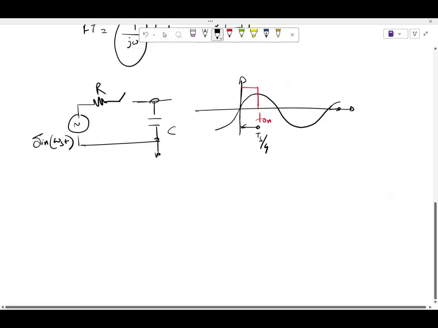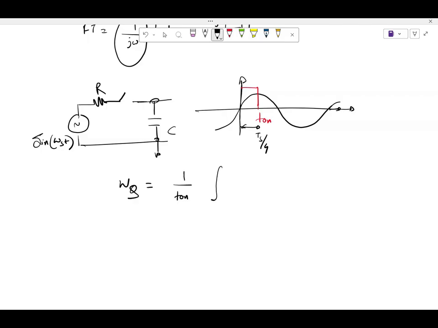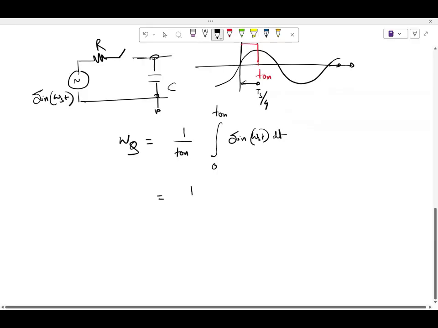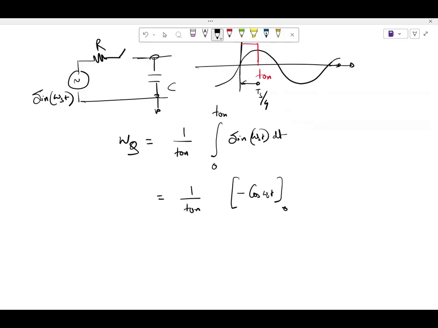If the input is a sinusoid and the output I am observing, I'll typically call it V Q. That is the quadrature output. That's just the nomenclature. So you get 1 over T on, integral from 0 to T on, of sin omega s t dt. So you get 1 over T on times minus cosine omega s t, from 0 to T on.